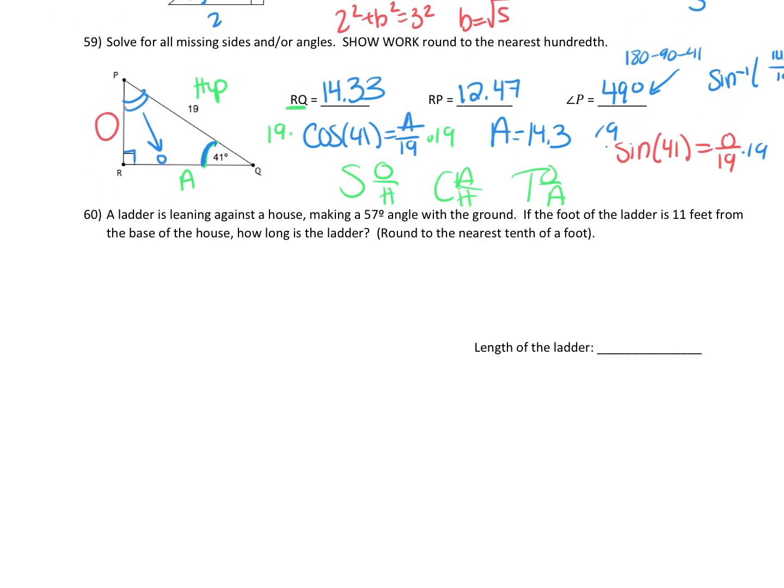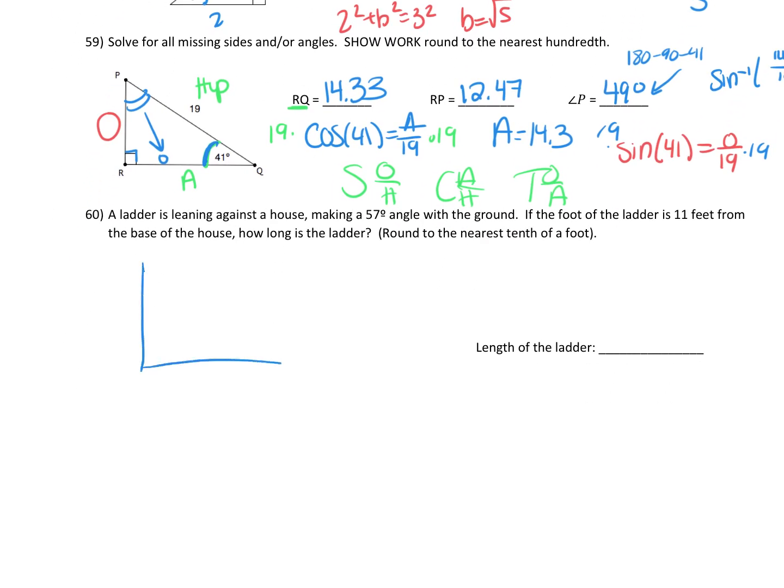All right, in this situation, we have a ladder leaning against a house that makes a 57 degree angle with the ground. If the foot of the ladder is 11 feet away from the base of the house, how long is the ladder? So this is adjacent over hypotenuse, so we're going to do cosine.